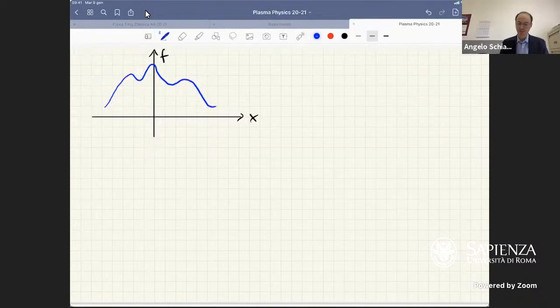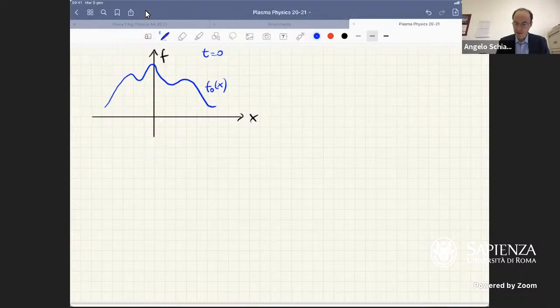Wait a second before writing this diagram in order to understand it. We call this, at time t equals 0, the wave profile, or the waveform: f at t equals 0 as a function of x.